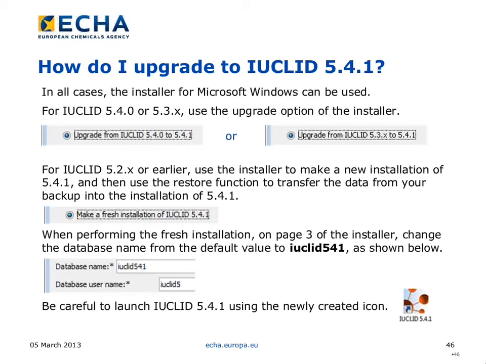And when installing the fresh IUCLID, on page 3 of the installer, change the database name from the default value to IUCLID 541 as shown on the screen, and then be careful to launch IUCLID 5.4.1 using the newly created icon. Now we are preparing IUCLID frequently asked questions on this topic, which will contain much more details. So be sure to have a look at that on our IUCLID website.